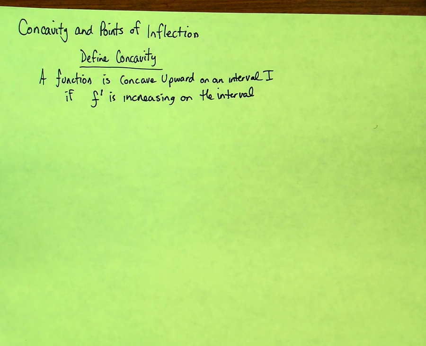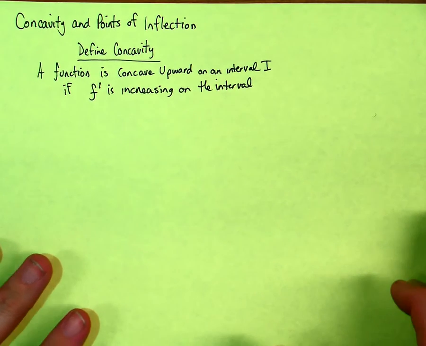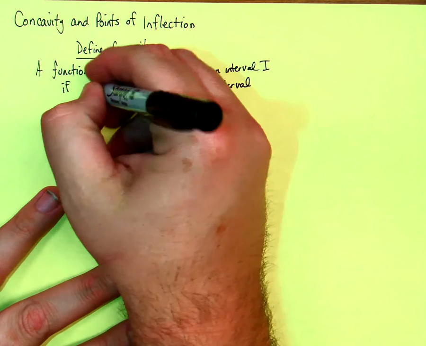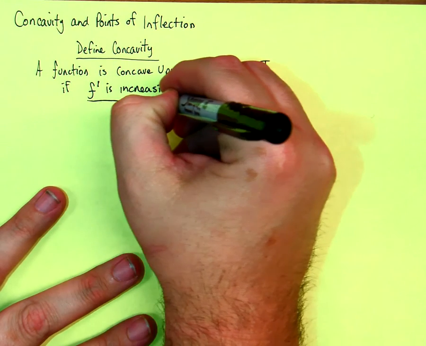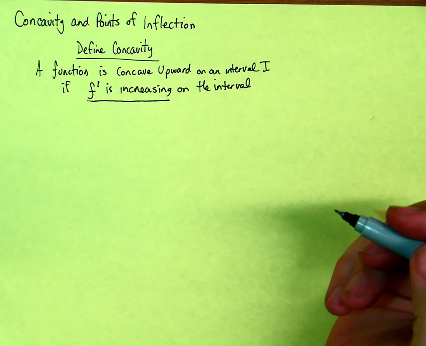All right, definition of concavity. A function is concave upwards if f prime, the derivative of f, is increasing on the interval.